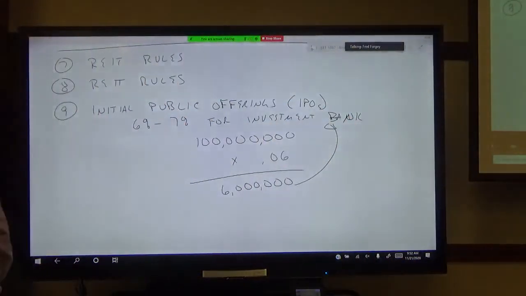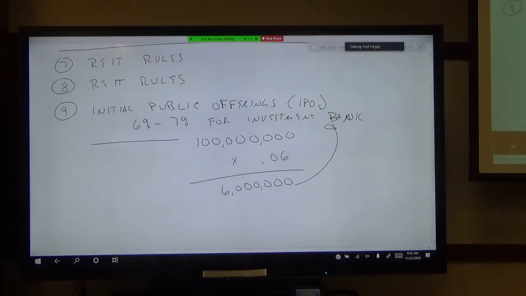But what we're going to concern ourselves with is, let's say that we are going to sell, as part of our initial public offering, 50% of our equity. And let's say that 10% are the actual IPO cost.